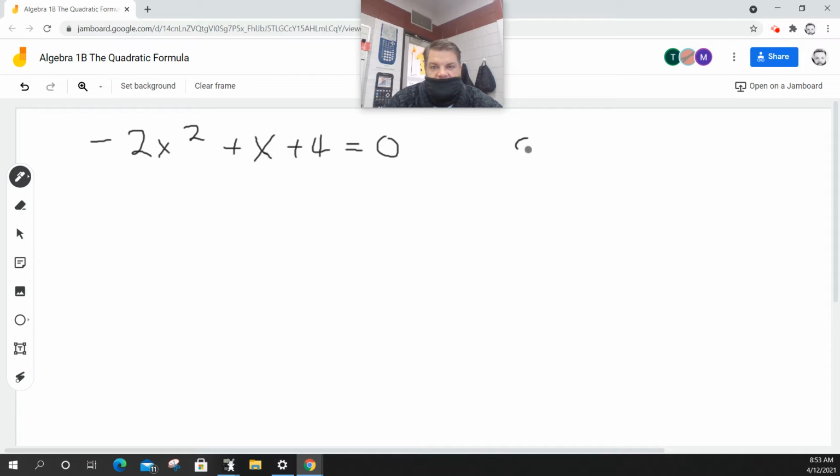Now, I'm looking, and I notice that it is written as ax squared plus bx plus c equals 0. And so remember that when I go to do my a, I'm looking for the coefficient, the number in front of the x squared. So this is a equals -2.